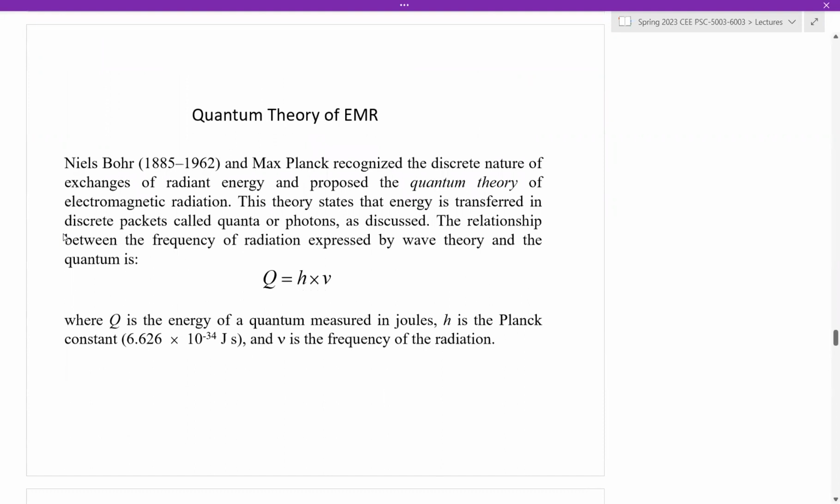This wave is related to the quantum theory. But in this case, the photons, or these particles of light, are related to an amount of energy. So if we have the Planck constant and the frequency of the light, we can measure the amount of energy that the photon delivers when it hits a surface.